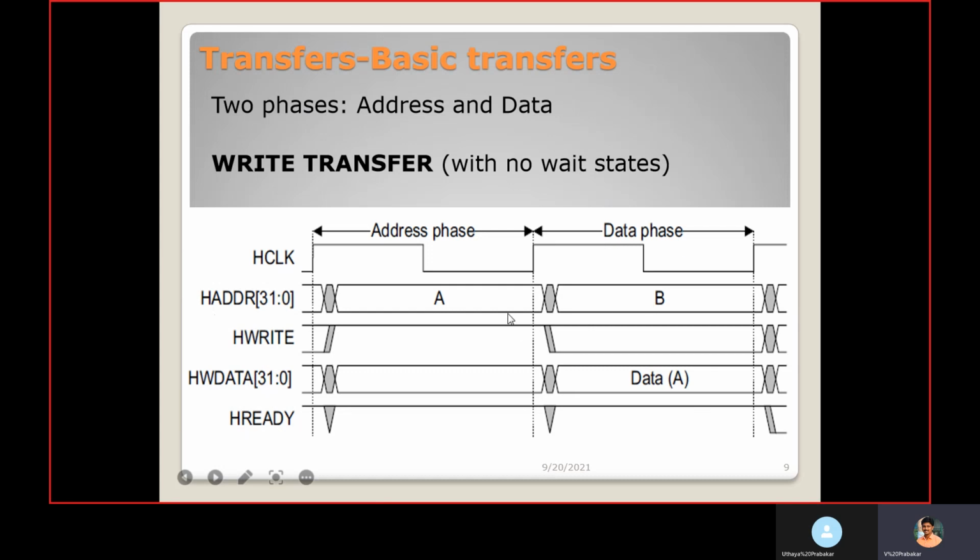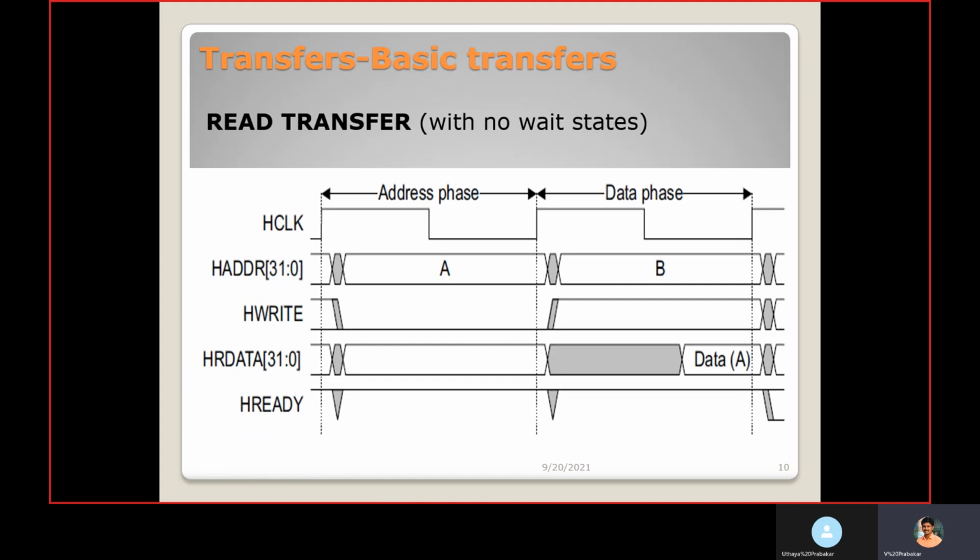So we have another waveform to explain that. Now, to perform a write operation, in the first phase we need to send the address and control signals. In the next phase we need to send the data. At that time HREADY should be 1. Now the read transfer. For read also it will happen in 2 phases.